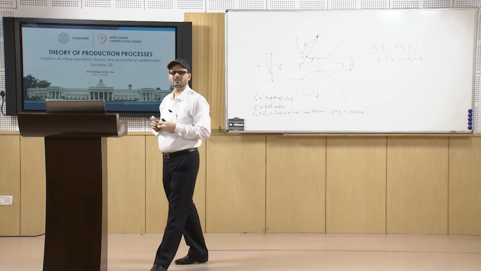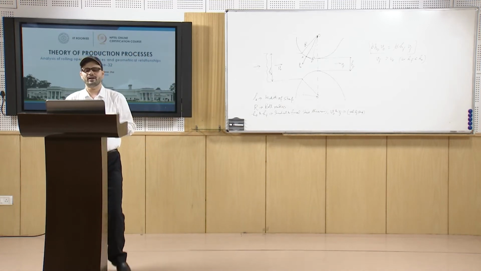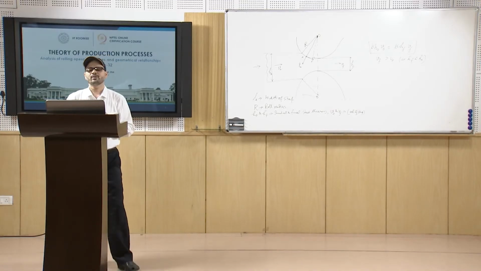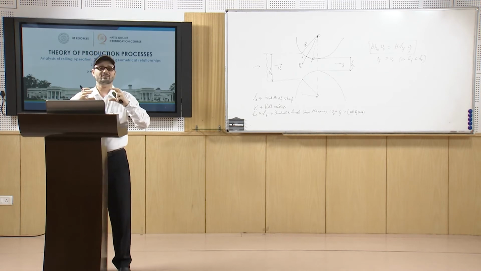So, specific roll pressure is the roll load divided by contact area. Now, how to find this contact area? For that, we have to see how we can find the roll contact area.